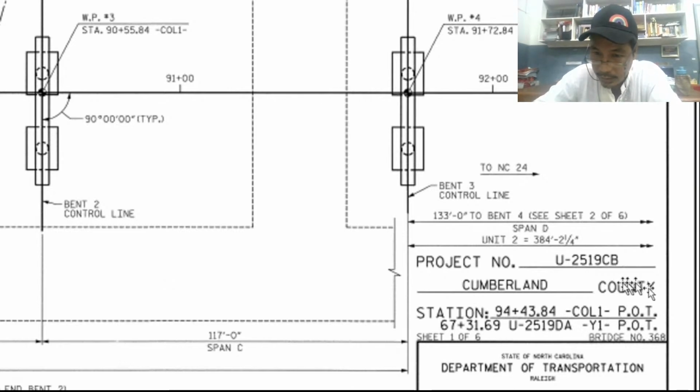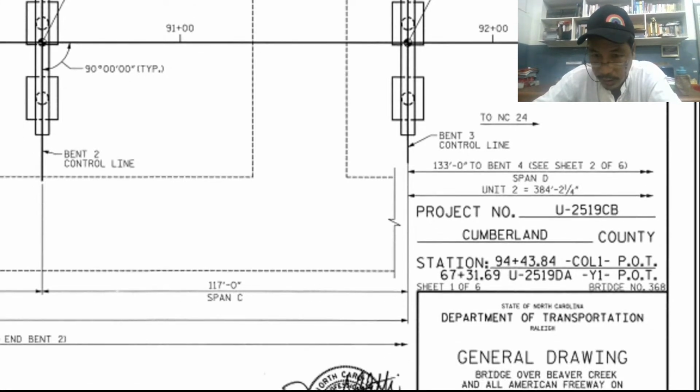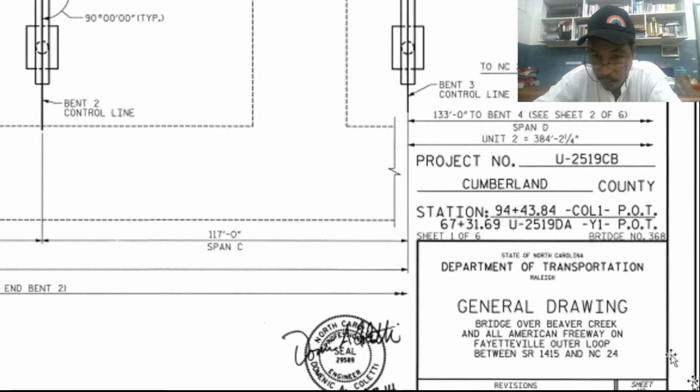County, it is a barangay. And then the Department of Transportation. In our country, we call it DPWH, Department of Public Works and Highways. So state of North Carolina. North Carolina is a state in the US.